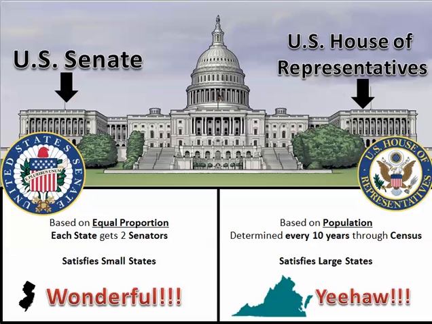So if you recall, we discussed in the Great Compromise that created our U.S. Congress. This Great Compromise settled and made sure that small states and large states were equally represented by saying that the Senate will always have 2 senators from each state, in other words, equal proportion.